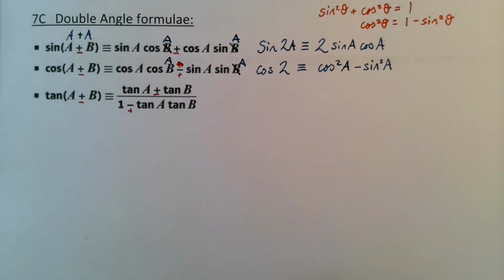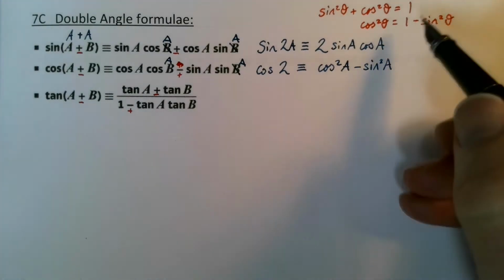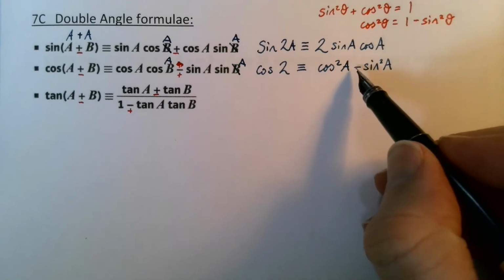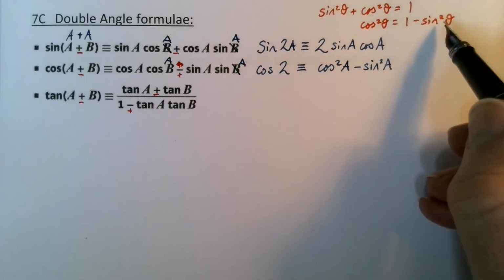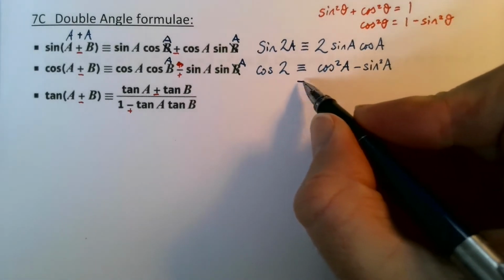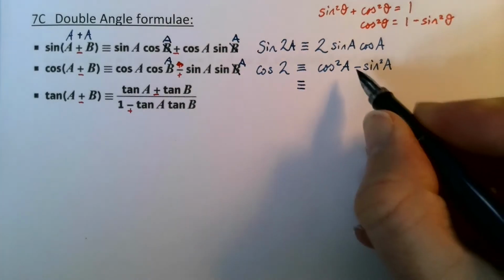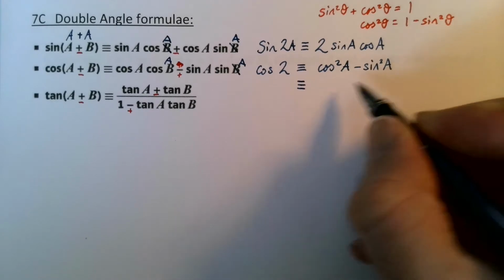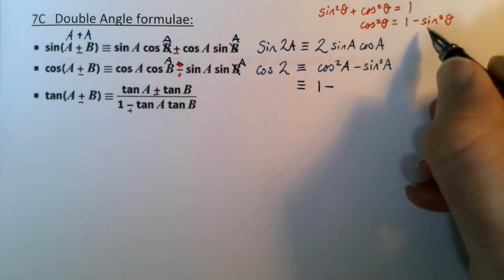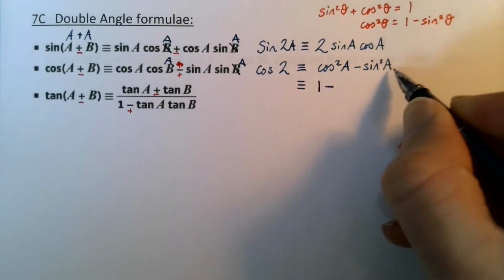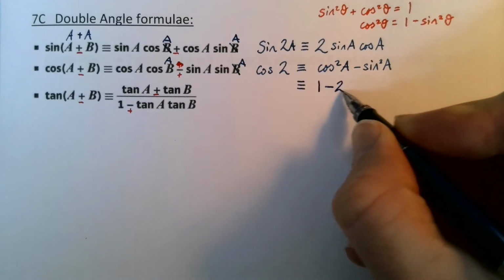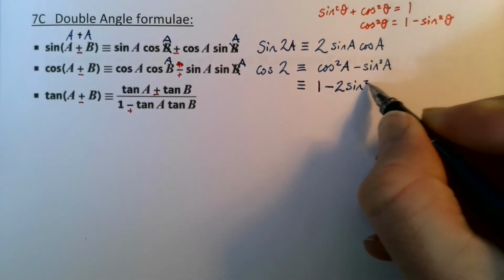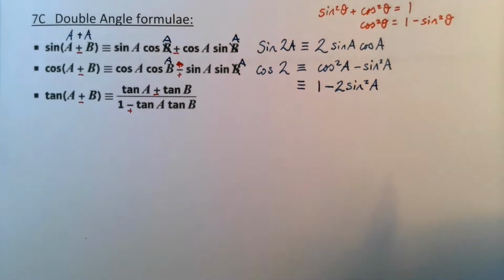And if you were to do that, you could have a little look at this and replace the cos squared theta with 1 take sine squared theta, which means that cos 2A is not only identical to that, it's also going to be identical to 1 take, well, you've got 1 sine squared theta there and another negative sine squared theta there, so 1 take 2 sine squared A.